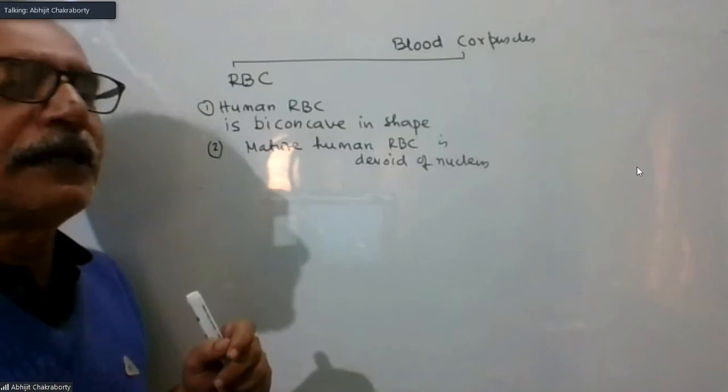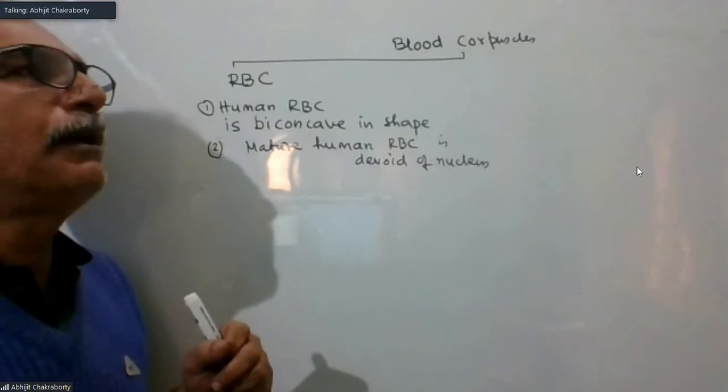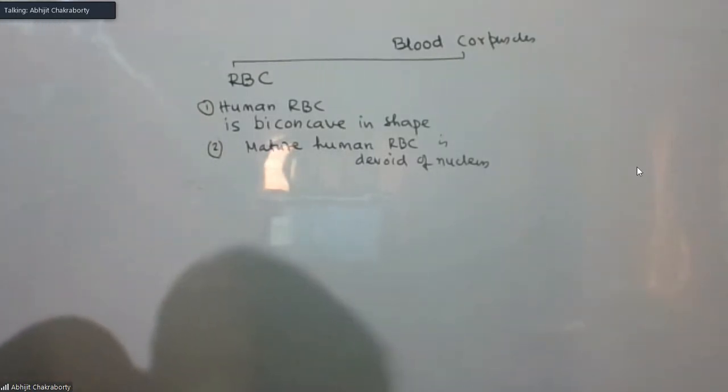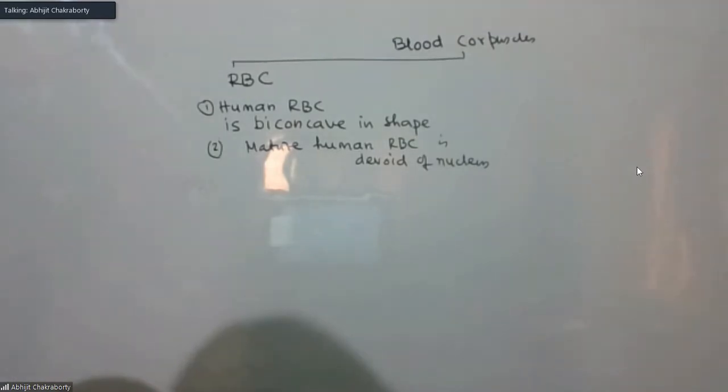As it is biconcave in shape, the advantage is surface area is more, so it can easily carry much more oxygen required for the body. So this is what I am telling you about erythrocyte or RBC.